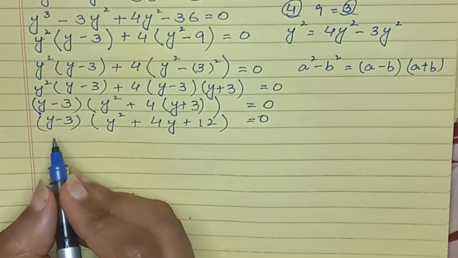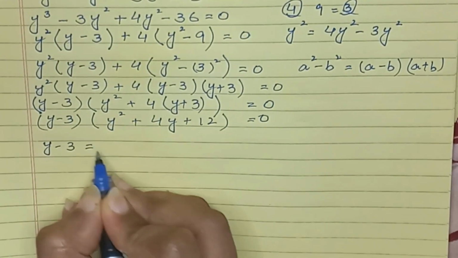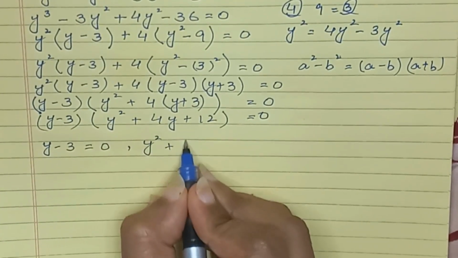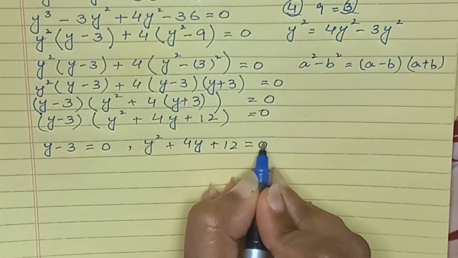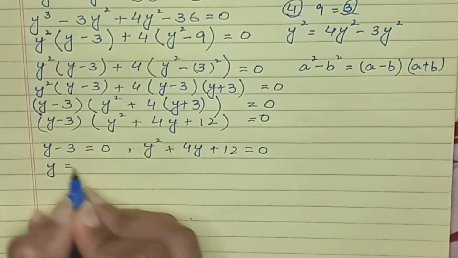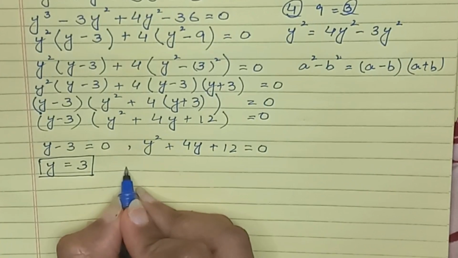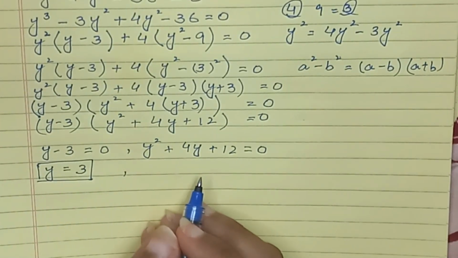Now from here we have two cases: y minus 3 is equal to 0 and y square plus 4y plus 12 is equal to 0. From the first we get y equal to 3, and the other is a quadratic equation.